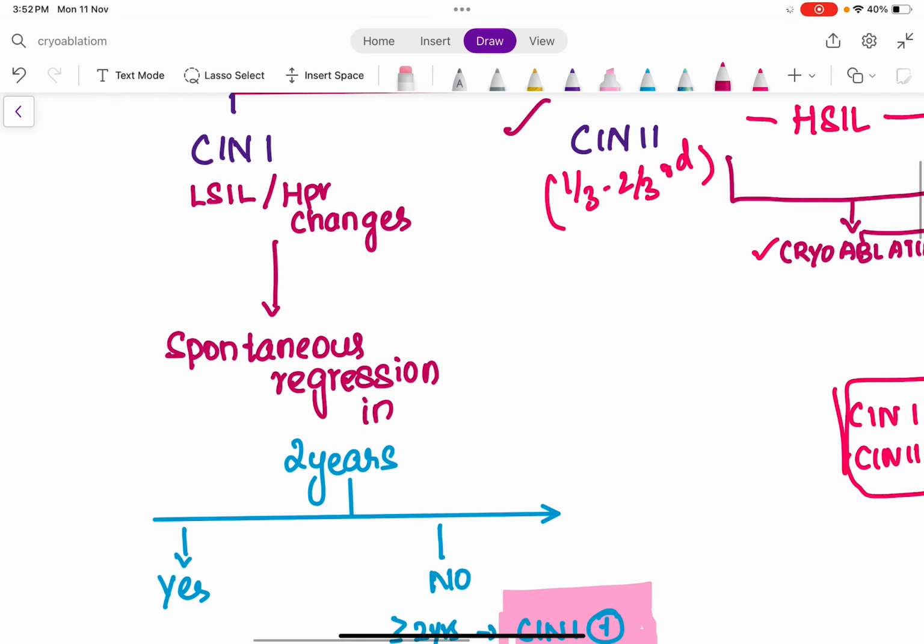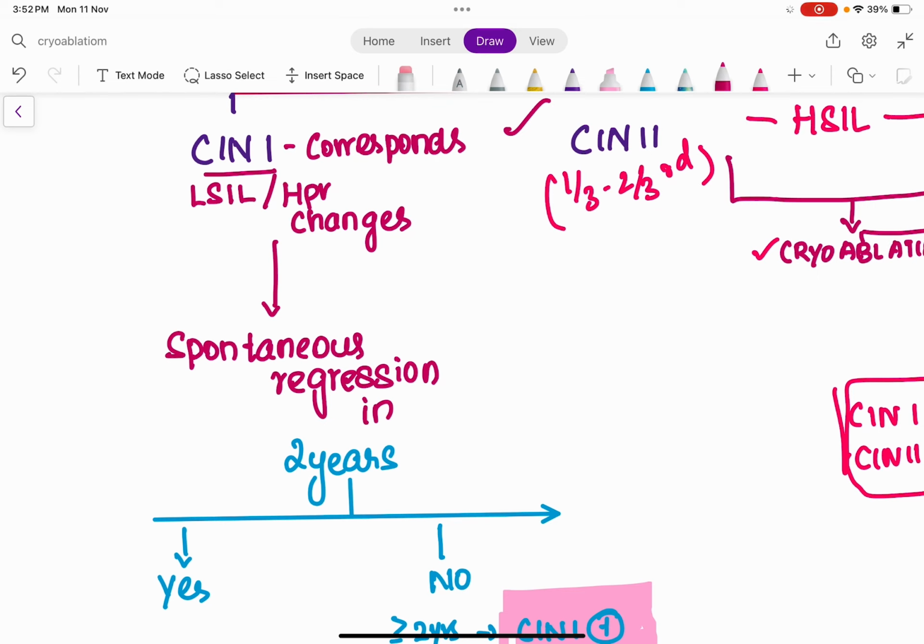Now, while discussing cervical intraepithelial neoplasia type 1, it corresponds to the low-grade squamous intraepithelial lesion report of pap smear, or the HPV-induced changes that happen in the squamous cells. Human papilloma virus is the most common cause of cancer cervix, right?